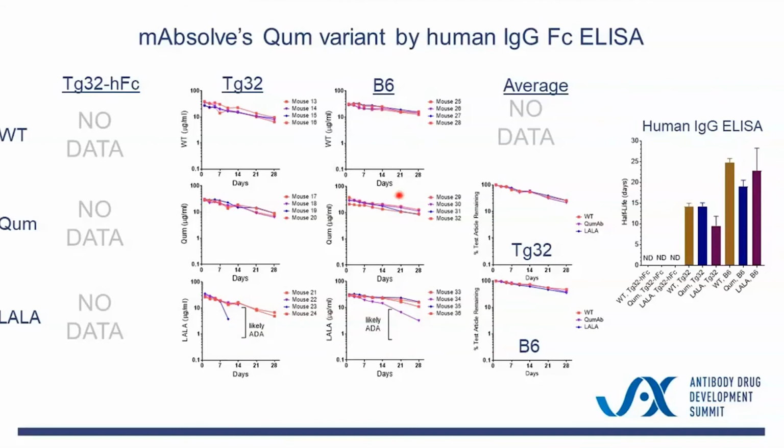And in black 6 mice, we see, again, good curves as well as an indication of ADA occurring in those mice as well.